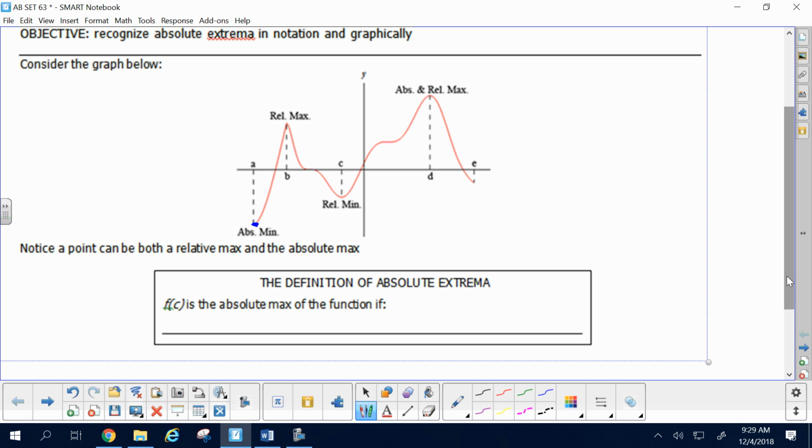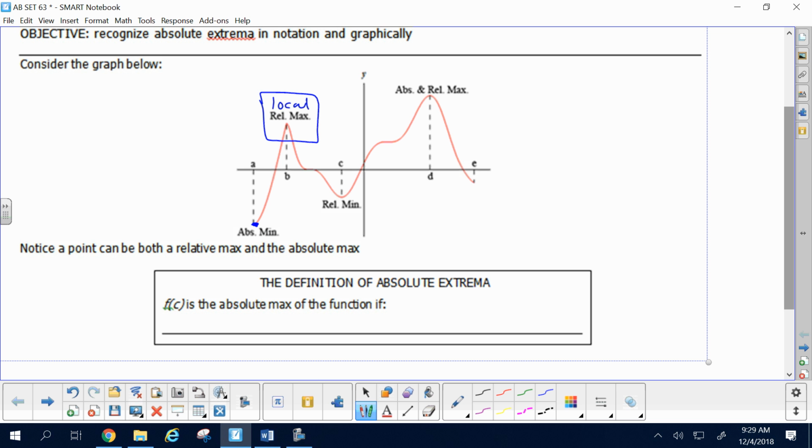It's a relative max or local max because in its little neighborhood, it's the tough guy. It's the biggest, the greatest in its little neighborhood. But in terms of the whole world, or globally, it's not the biggest in the whole world. There is a point that's greater over here. So it's a relative maximum, but not an absolute maximum. Are you with me? Pretty straightforward.